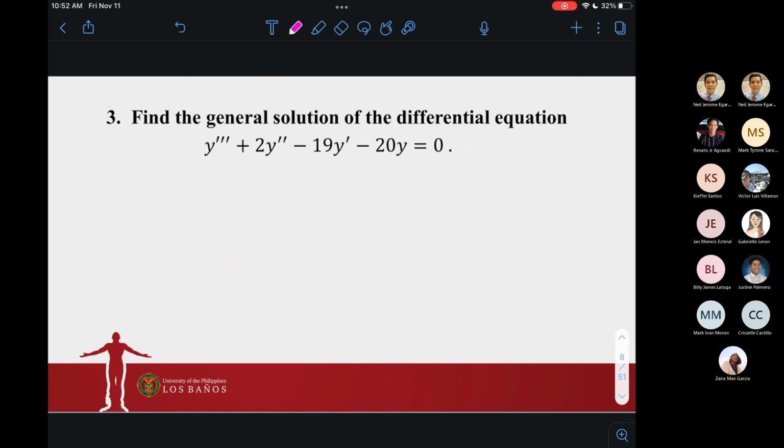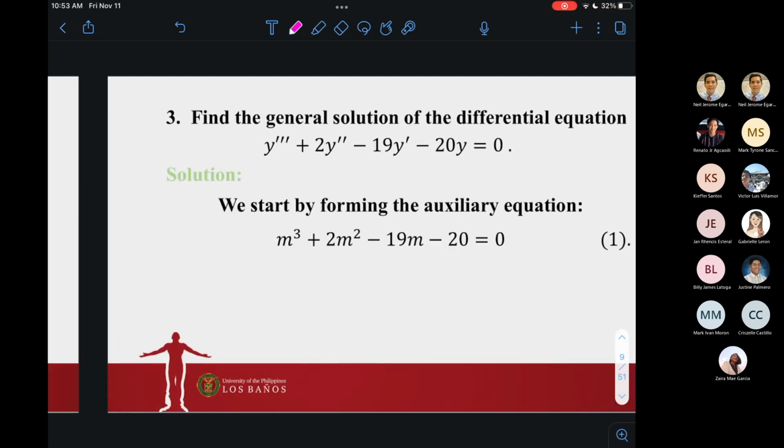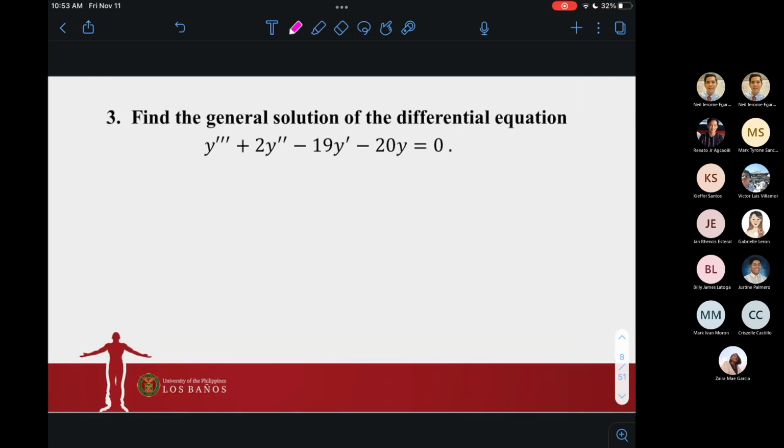Now, this one, our equation is cubic. Yeah, okay. This one has a somewhat long solution. It is easy when it is quadratic because you can easily solve the roots of the auxiliary polynomial by factoring or the quadratic formula. What about when the auxiliary equation is cubic?